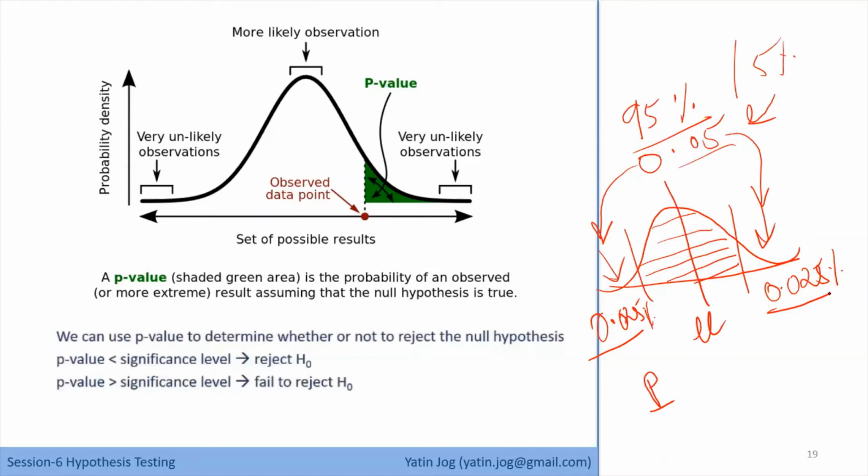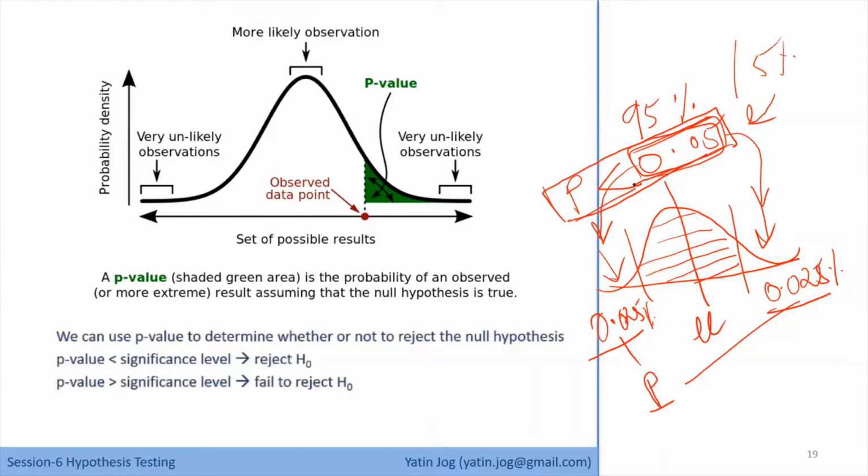So if my p-value is less than this 0.05, I can say my p-value is in the reject region. It can be either on this side or this side. The total is 0.05. So if p-value is less than 0.05, I can say that my p-value is from the reject region.